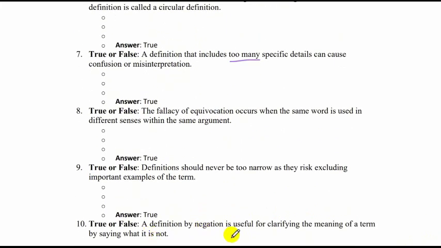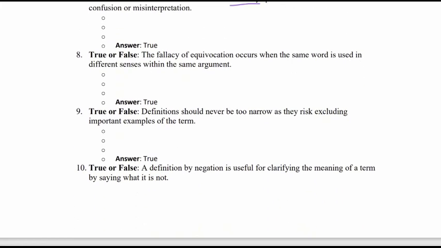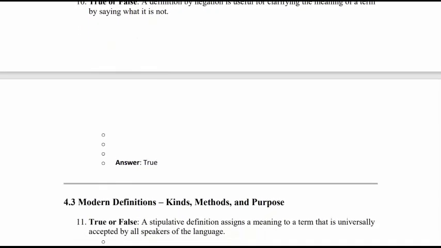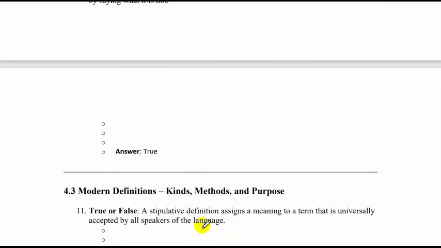A definition by negation is useful for clarifying the meaning of a term by saying what it is not. True. A stipulative definition assigns a meaning to a term that is universally accepted by all speakers of the language.